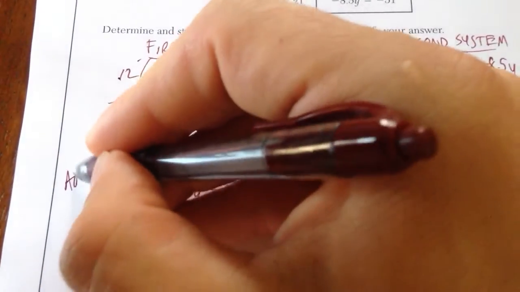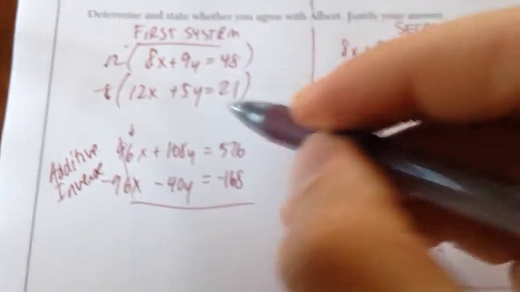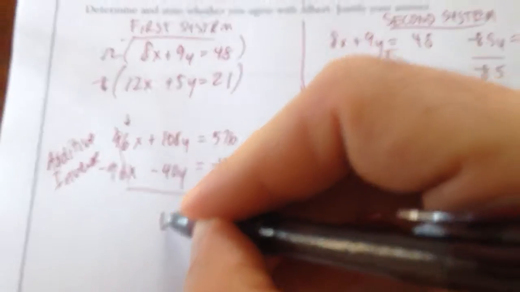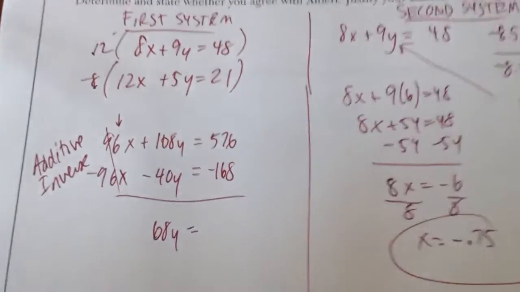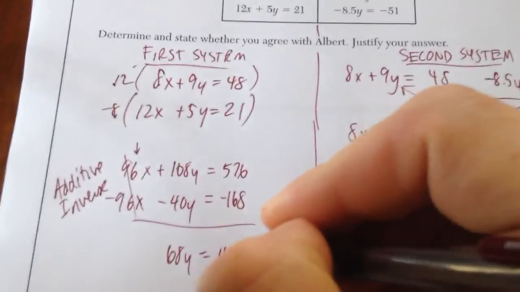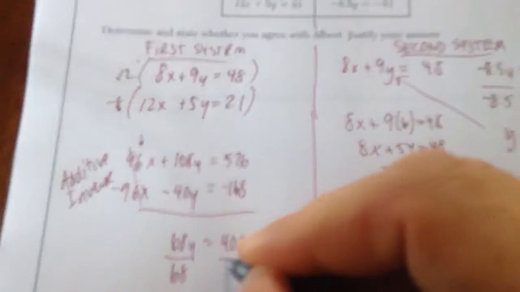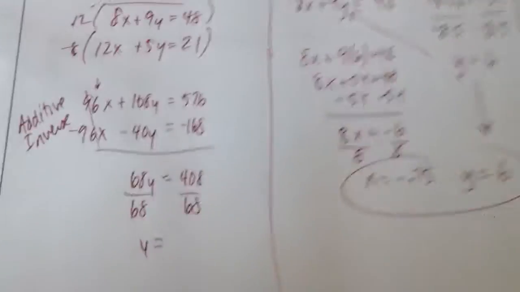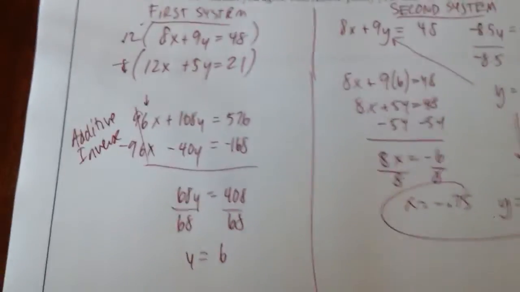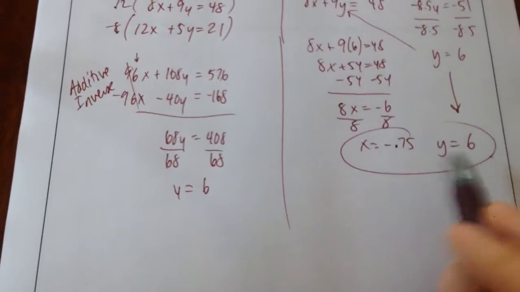It's the additive inverse property. 108 plus negative 40y is going to be 68y. 576 minus 168 gives me 408. Divide both sides by 68, I get 6. Okay, so we have half of the same thing.